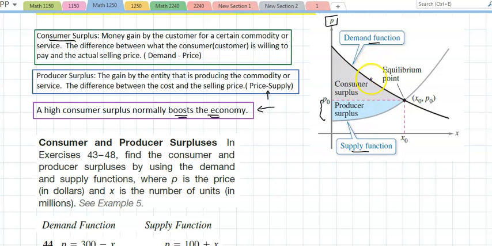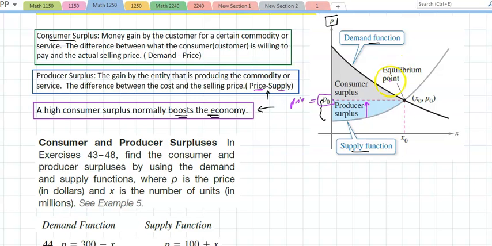If I was looking at this graph, and I'm going to give you this graph on the exam and the final, I would go vertical. If I'm looking for the blue part, which is the producer surplus, I will take the top, the actual price, minus the bottom, the supply.